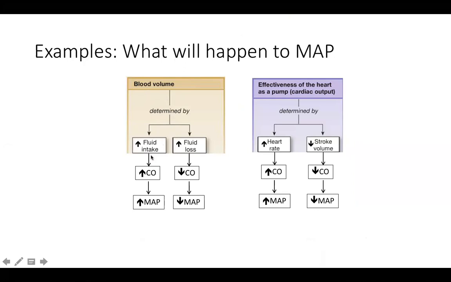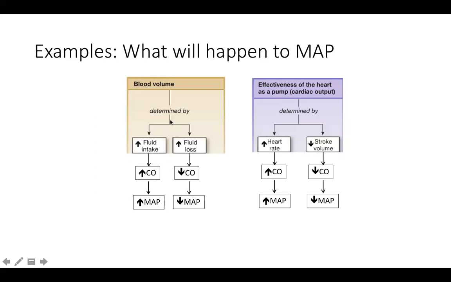If we increase our fluid intake, we're going to absorb all that fluid through our GI tract, and there's going to be more fluid in our blood. Our blood volume is going to increase. So the amount of blood that you're going to pump per unit time goes up. So that increases your cardiac output. And if you increase cardiac output, you increase mean arterial pressure. So more fluid intake means that you're going to increase pressure.